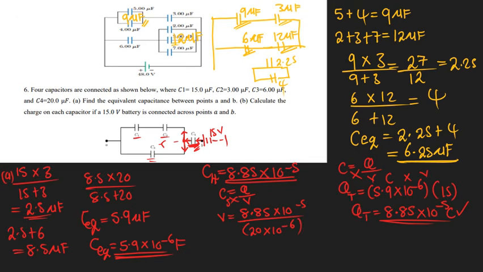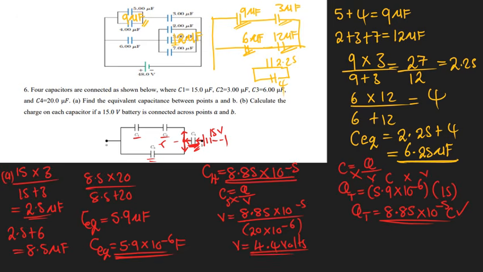So 8.85 multiplied by 10 to the power negative 5, we are dividing it by 20 multiplied by 10 to the power negative 6. Then you are going to have the voltage which is equal to 4.4 volts. So 4.4 volts is the voltage which is at the C4.